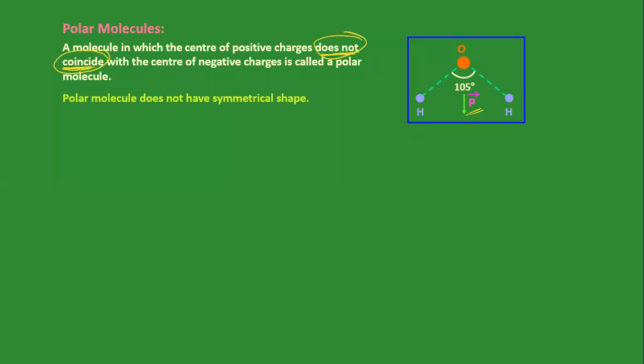When we talk about polar molecules, their shape is not symmetric, and because of that, their centers of positive and negative charges are not coinciding. Examples: HCl, H2O, NH3, CO2, alcohol, etc. Many examples we can write, but we consider a few.